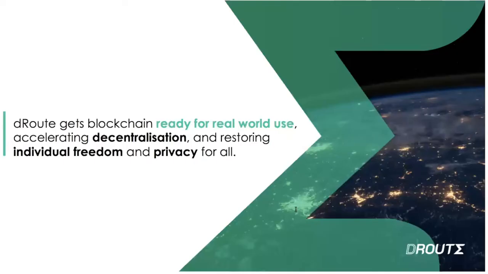Fundamentally, DRoute is a global, decentralized, low latency network infrastructure trying to help blockchains achieve the three legs of decentralization, security, and scalability. Right?